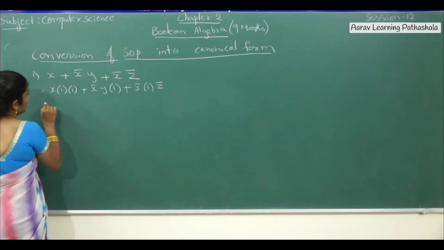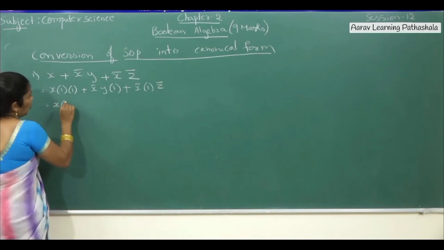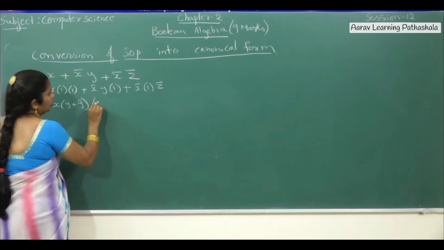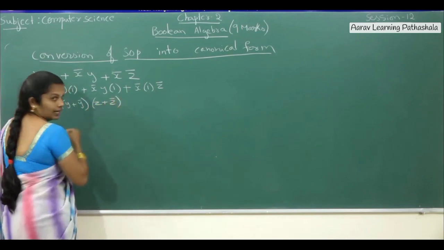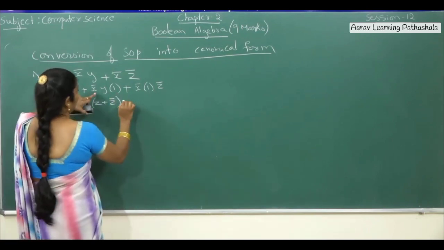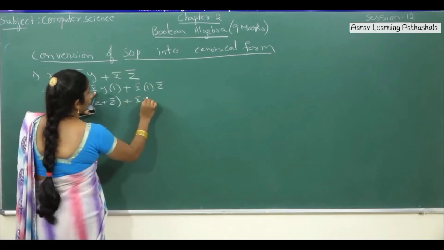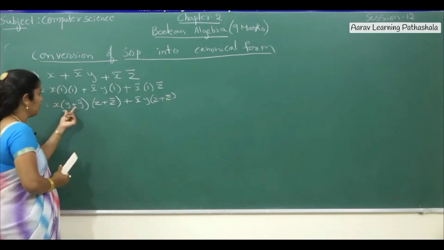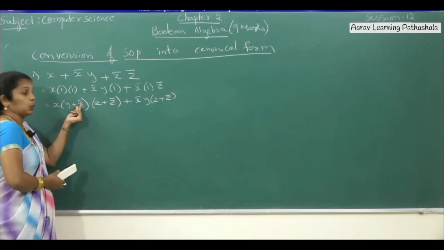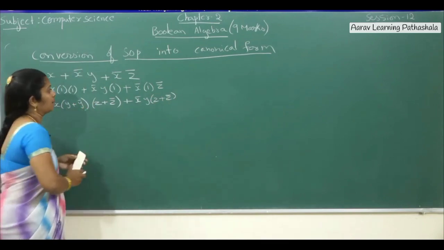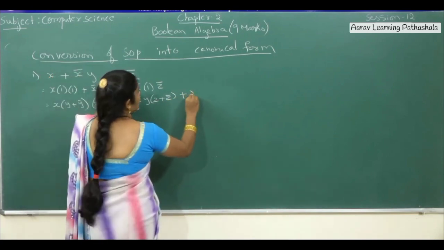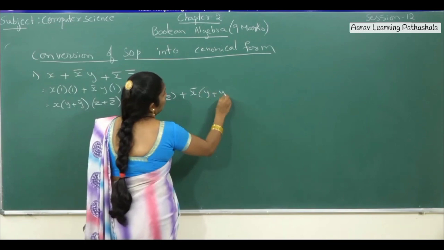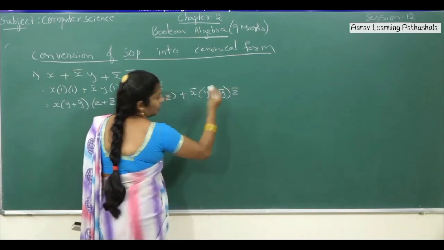In the first place I write x into y plus y bar, and for z also z plus z bar. Next, for the second part, plus x bar y into z plus z bar. Whichever variable is missing, you take that variable plus its complement. Then plus x bar, where y is missing, so y plus y bar into z bar.